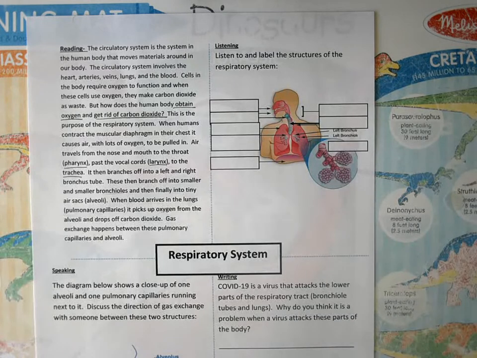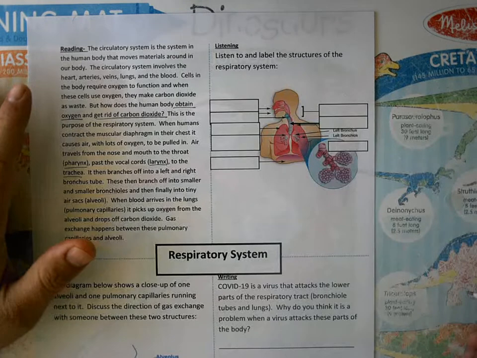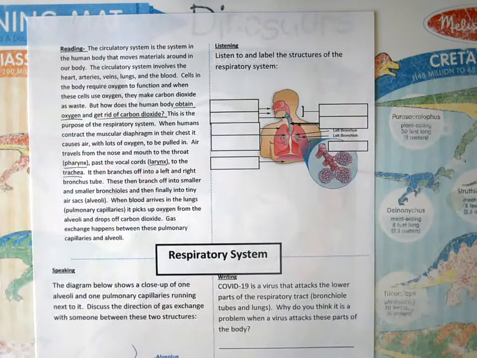Air will then travel over these little elastic cords almost, these structures in the back of your throat. These are the vocal cords, and this is your larynx. So when air passes over these, the vibrations of these cords cause us to produce sound. Kind of weird. Air will then travel down one thin tube through your neck and into your lungs. This is called the trachea, so that would be the middle box on the right.